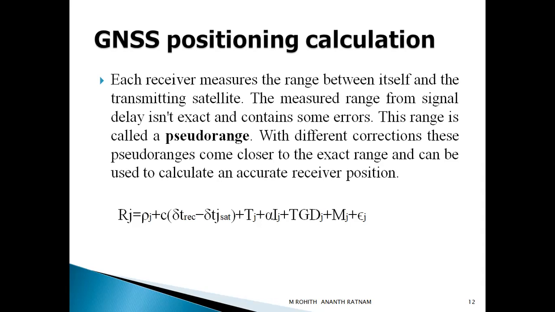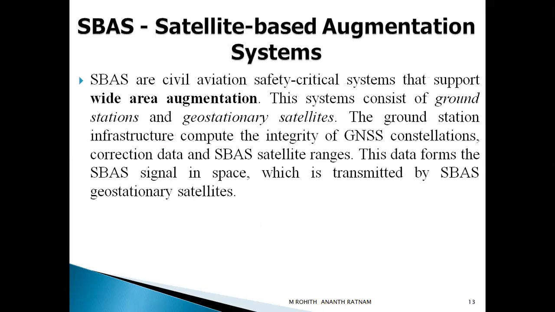If I want to position a particular calculation for the navigation system, surely it comes across all these errors. If you filter out such errors, only then are you going to get the perfect value of latitude and longitude. To do this, the spoofer I mentioned is called an SBAS station, which stands for satellite based augmentation system.